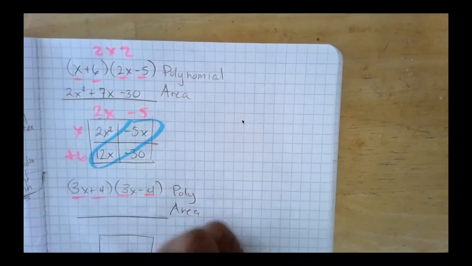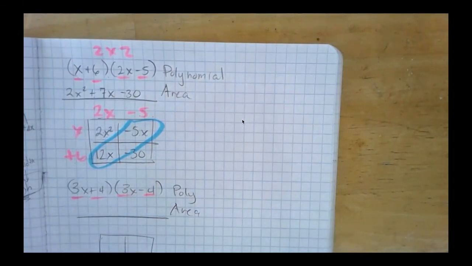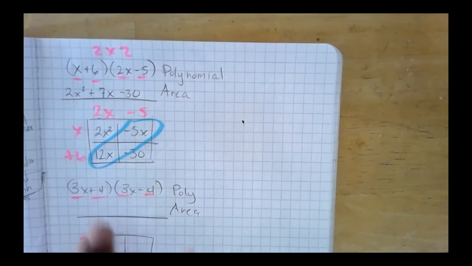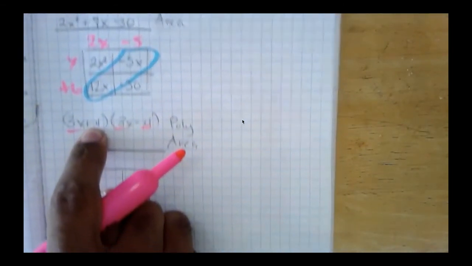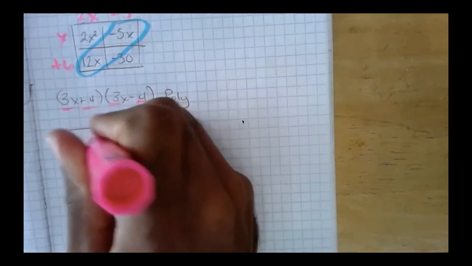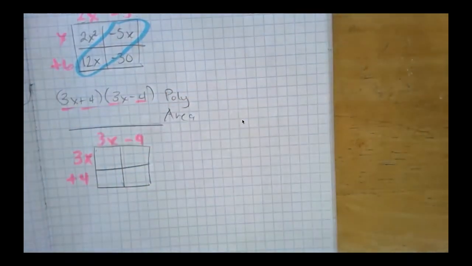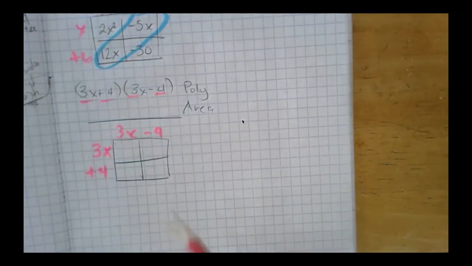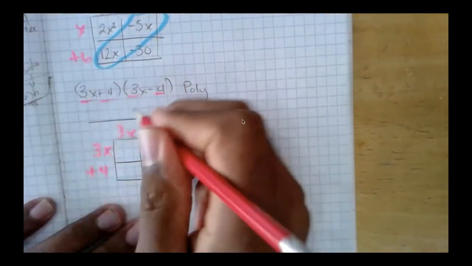So 2 rows, 2 columns. Okay, 3x plus 4. And again, it doesn't matter where you put this. This could go on the top or it can go on the side. Either way. Okay, and I'll show you what it would look like if I put everything on the bottom too, because you can do it on the bottom as well. And I'll tell you what I mean here in a sec.